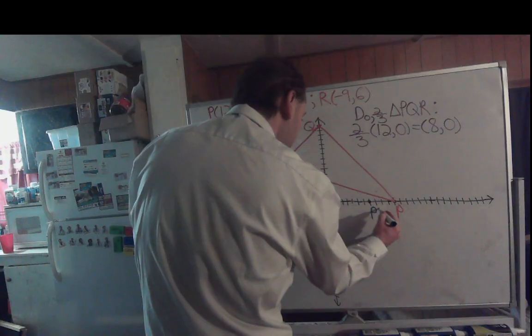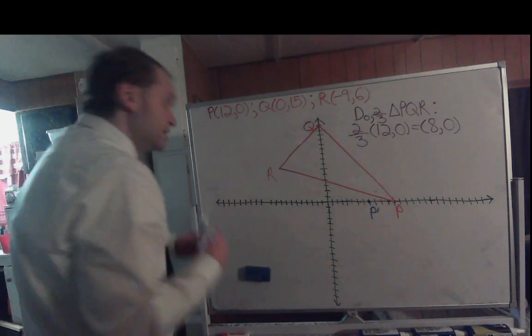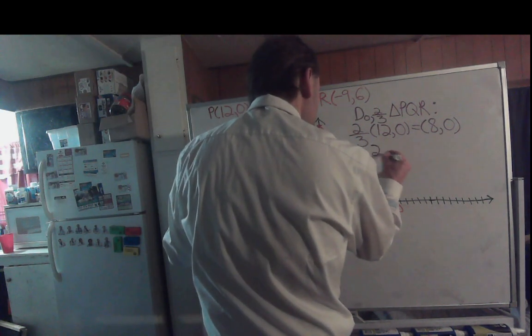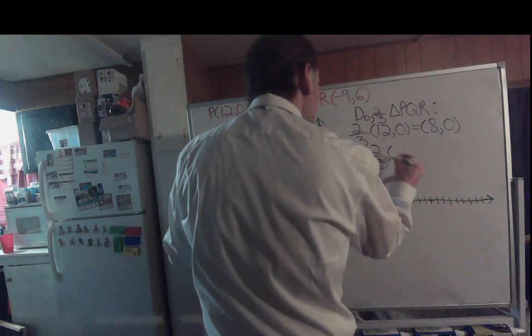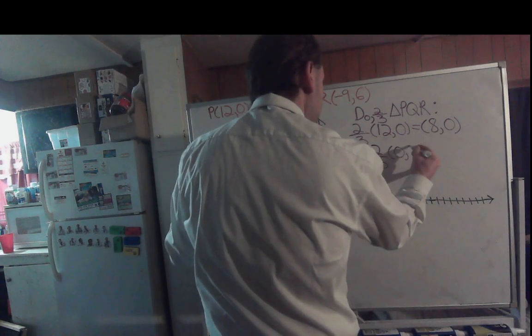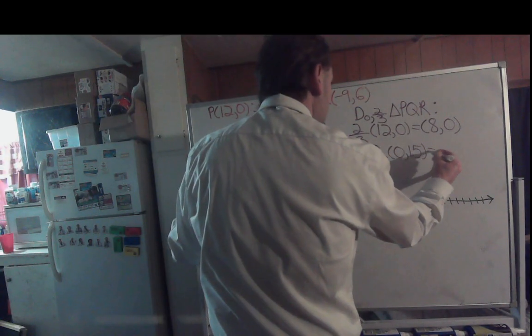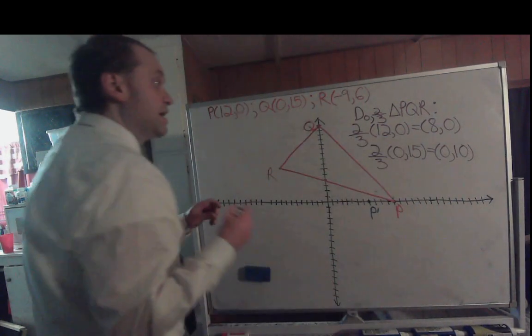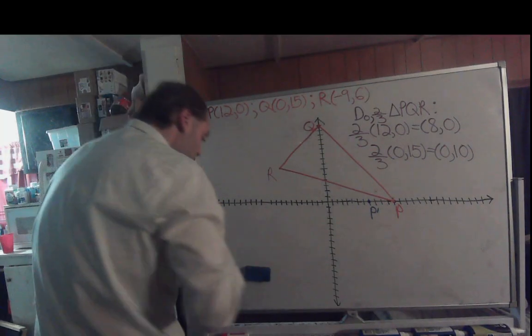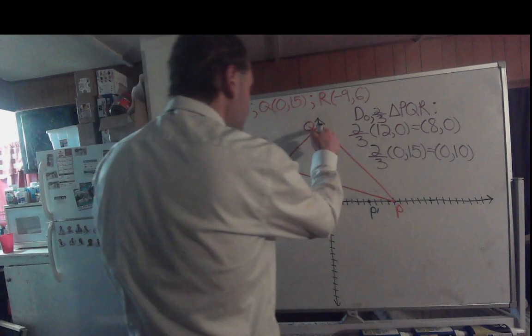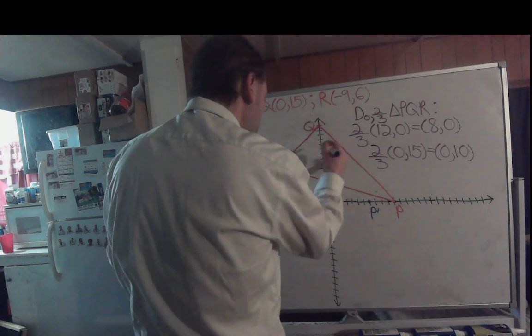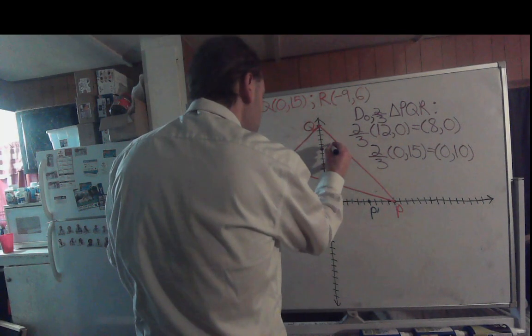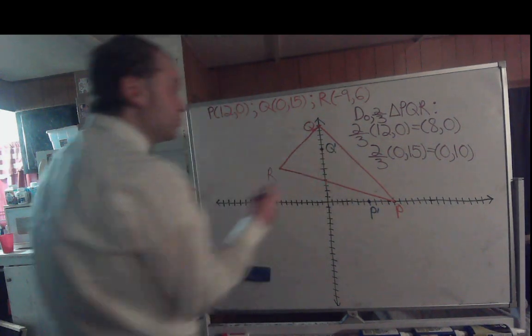That's my P prime. Now let's find 2/3 of coordinate Q. 2/3 of coordinate Q would be times 0, 15. 2/3 of 0, of course, is 0, but 2/3 of 15 would be 10. So my Q prime would end up being at the point 0, 10. So there's Q prime at the point 0, 10.